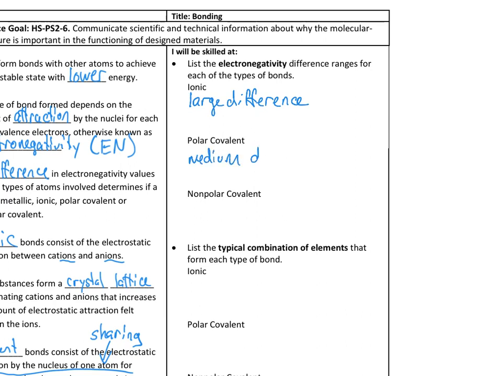They're not different enough to actually yank electrons off, but they're pretty different. You've got a polar bear and a penguin. They are not evenly matched. But a non-polar covalent is like the two penguins or the two polar bears. So you have a small or non-existent difference in those electronegativities, meaning they're almost the same.